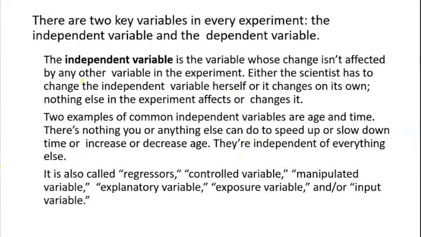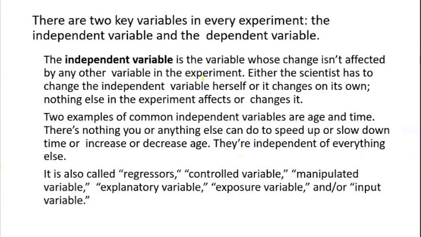There are two types of variables in every experiment. The first is the independent variable. It is the variable whose change isn't affected by any other variable in the experiment. Either the scientist has to change the independent variable herself or it changes on its own. Nothing else in the experiment affects or changes it. So we have here two common independent variables, age and time.